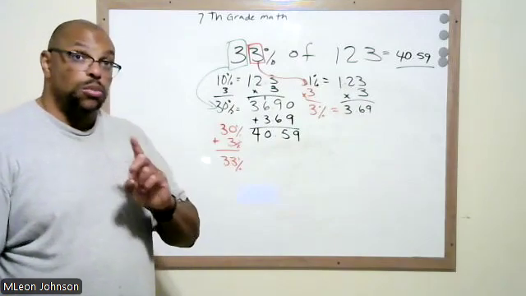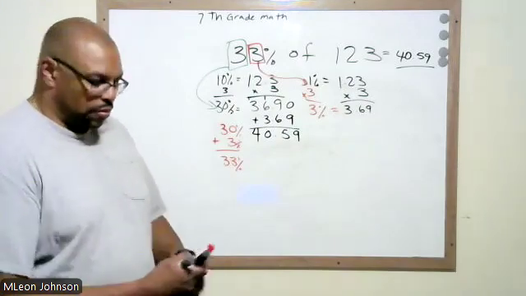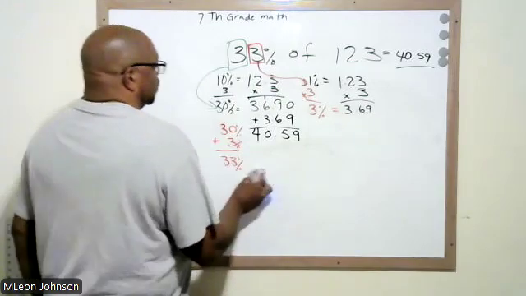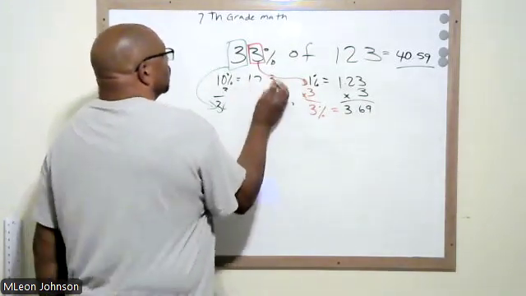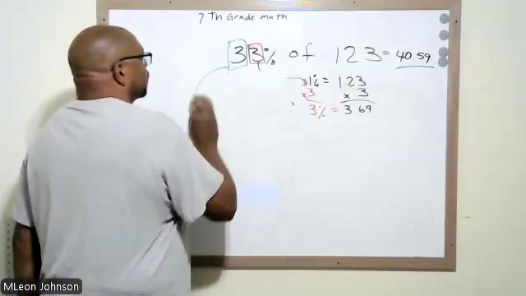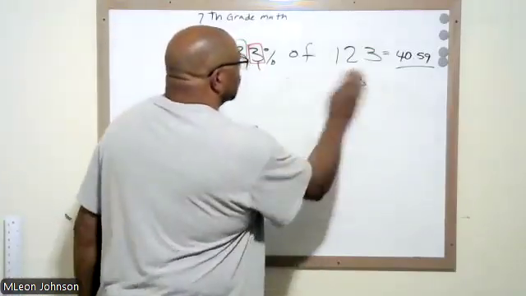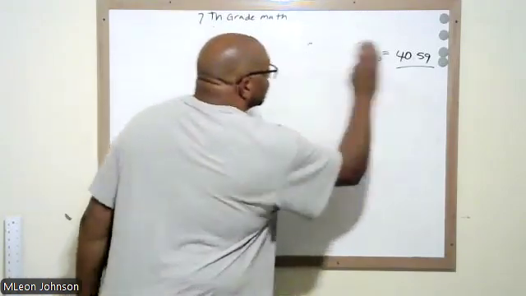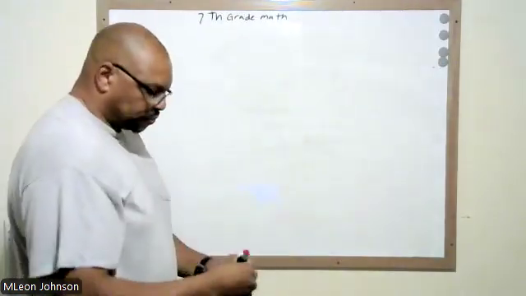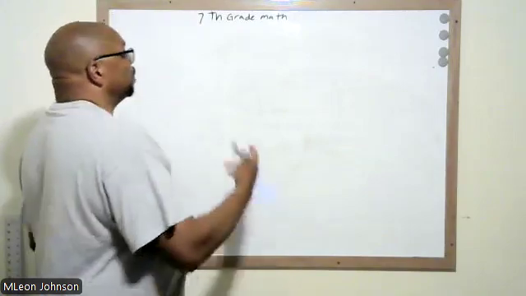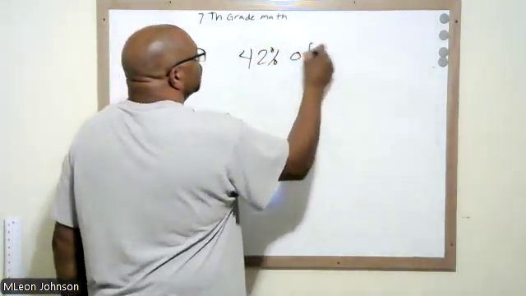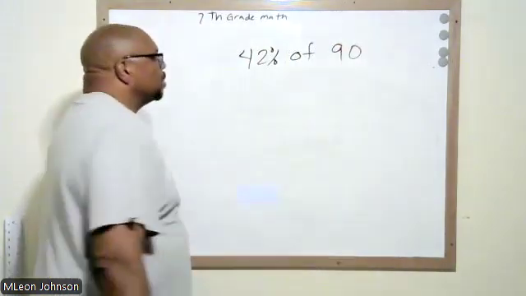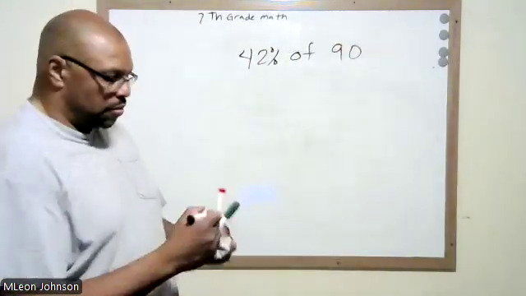All right, we're going to do one more before we end this section. I'm going to give you 42% of 90. So I have 42% of 90.